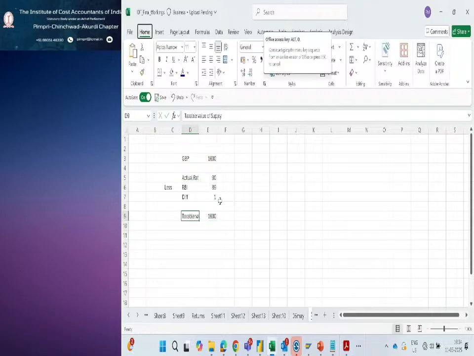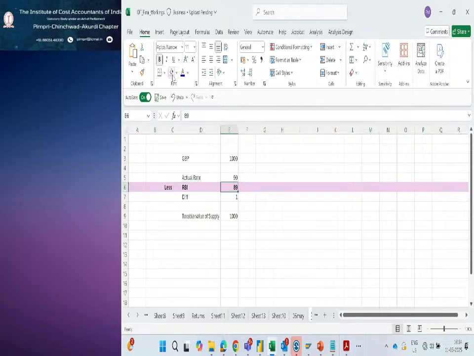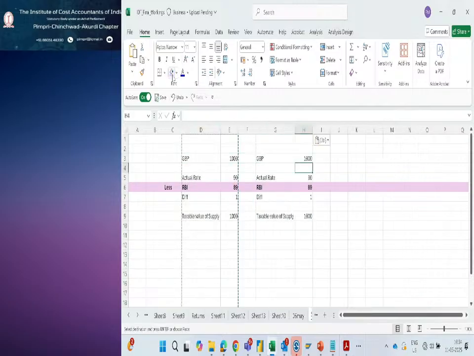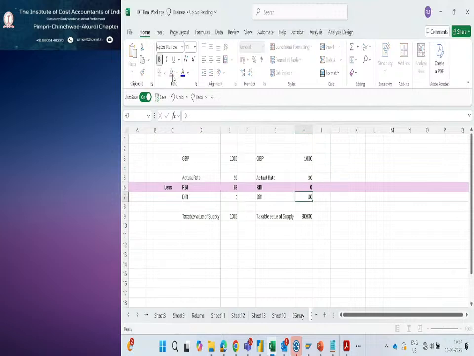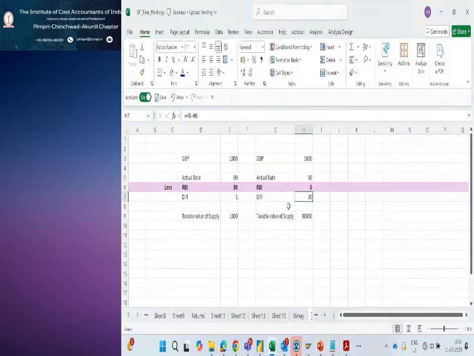So that is in case the RBI reference rate is given. Now the second rule is if the RBI exchange rate is not given. So the RBI exchange rate is not there. In that case, read it carefully: the value shall be 1% of the gross amount of Indian rupees.